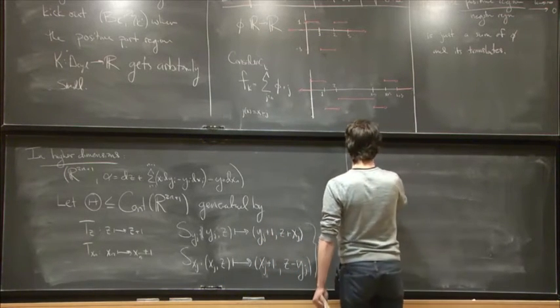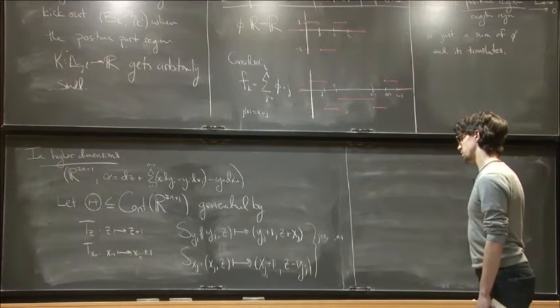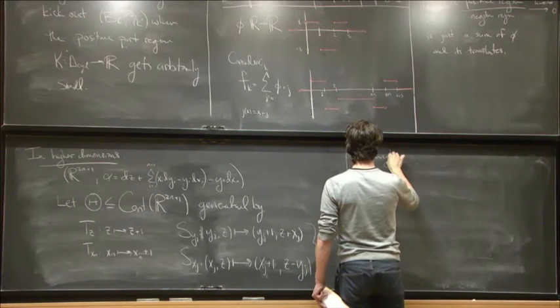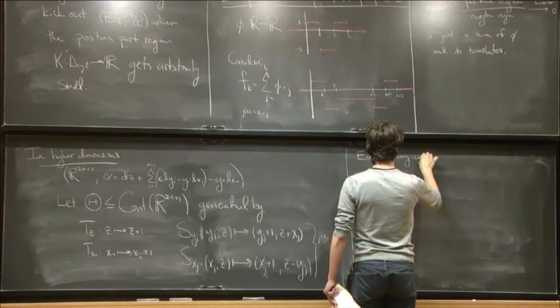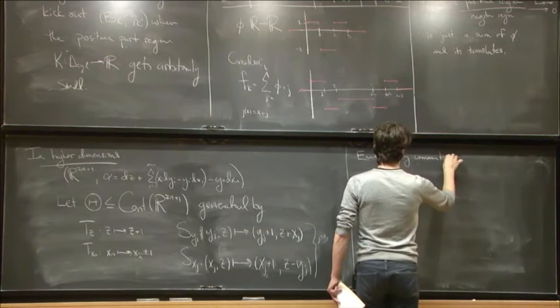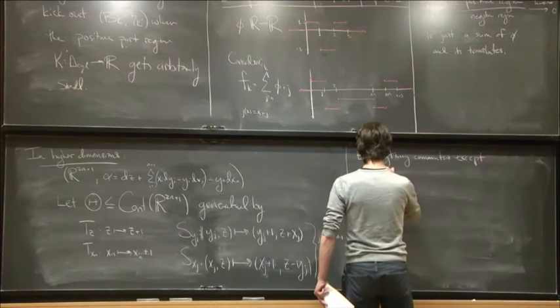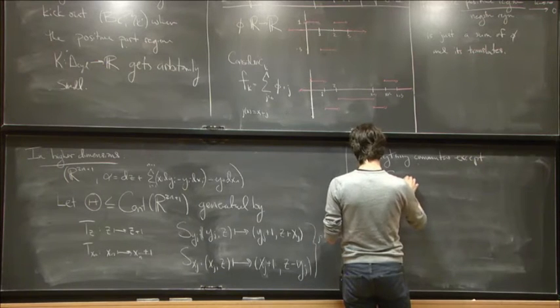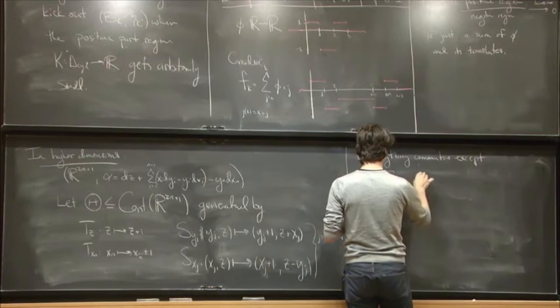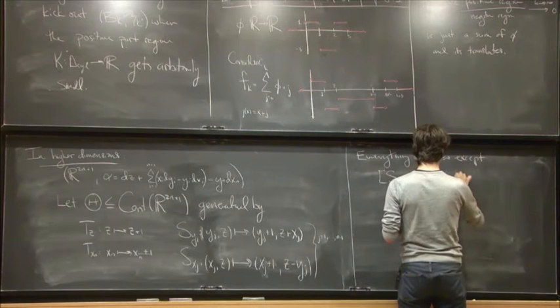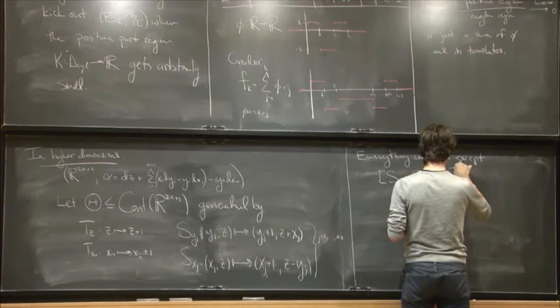So all these commute, except the commutator of S_{y_j} and S_{x_j} is this.